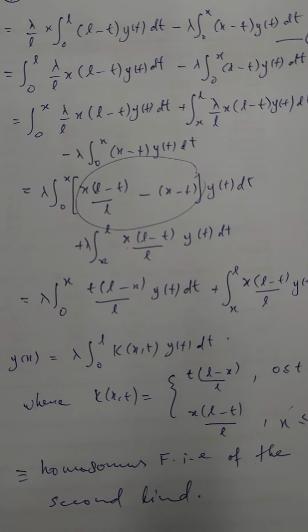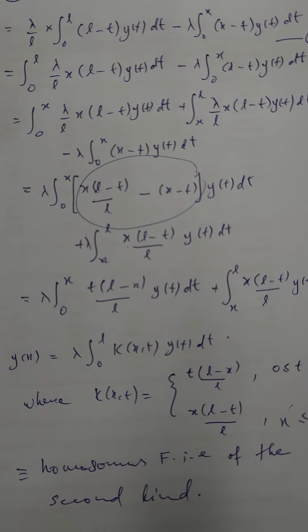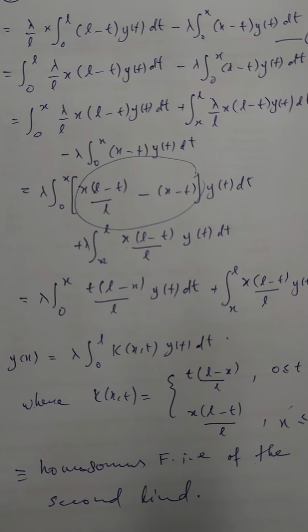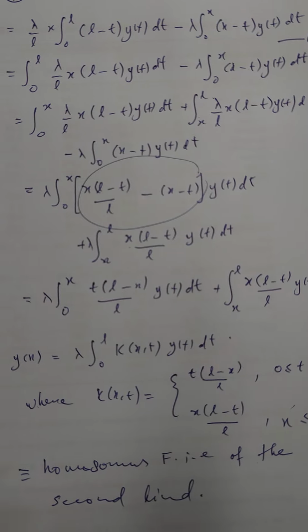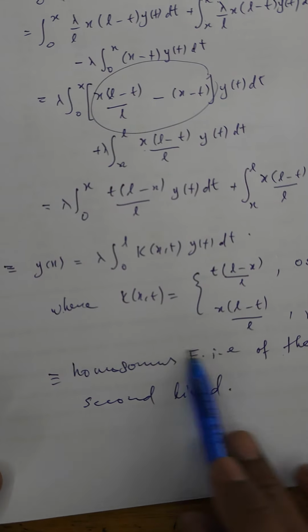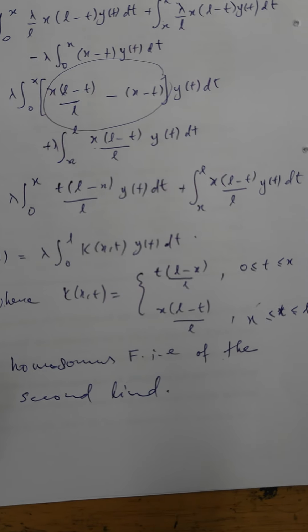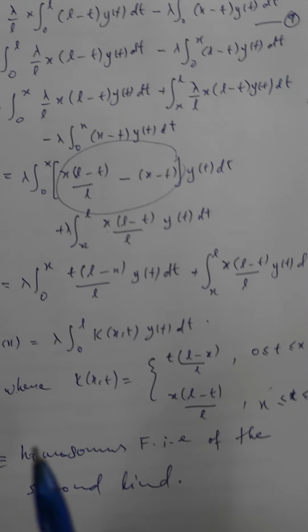Then we simplify, and we need to integrate again, and using the second boundary condition we find what the constant c is, and then the rest we just need to simplify. Okay, so that will give you the Fredholm integral equation. In this case, it leads to the homogeneous Fredholm integral equation of the second kind.